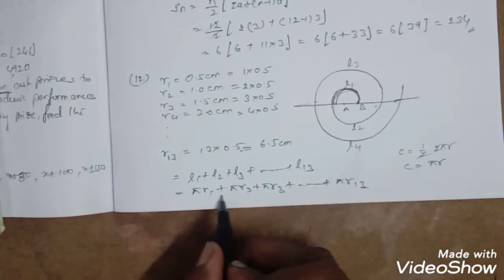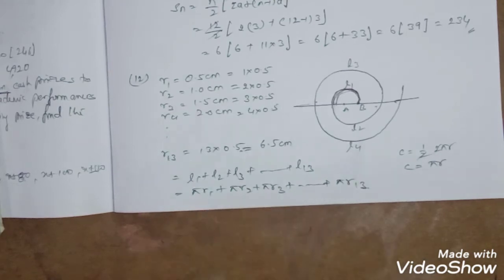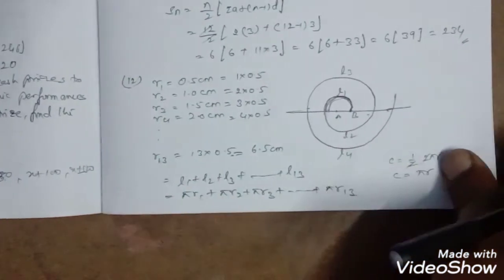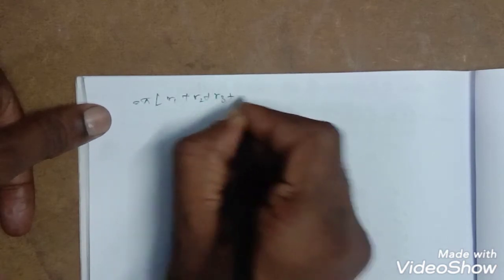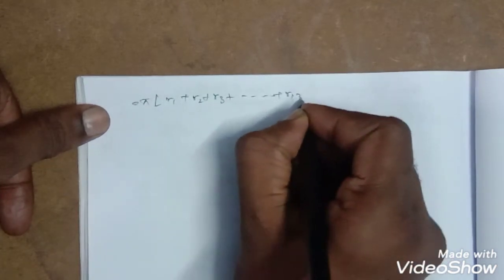Now what is common in this? Pi is common, so I am taking pi outside. Now if you take pi outside, what will you get here? Pi into r1 plus r2 plus r3 and so on up to r13, right?